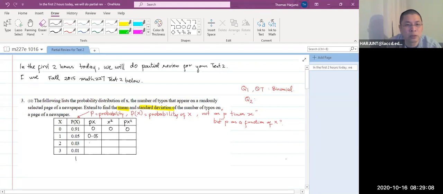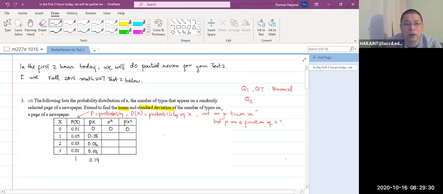Let me do this first. This is 0.06 and then 0.02. That will give me 0.14. Okay.